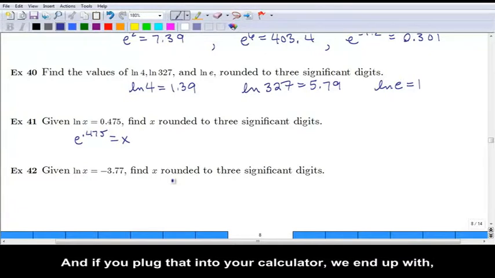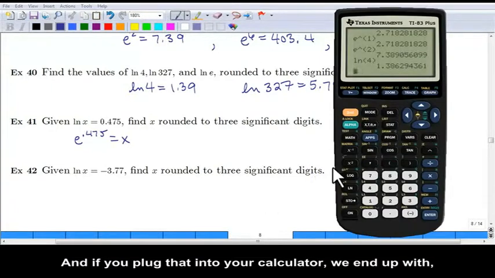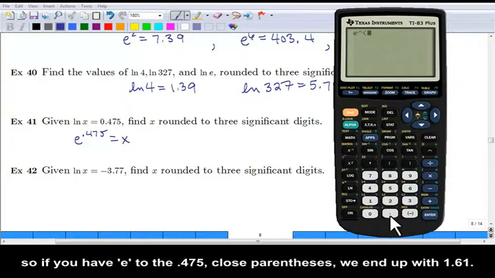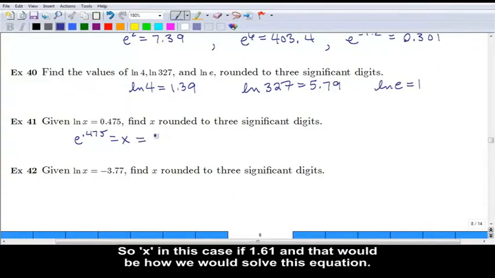And if you plug that into your calculator, e to the 0.475, close parentheses, we end up with 1.61. So x in this case is 1.61, and that would be how we would solve this equation.